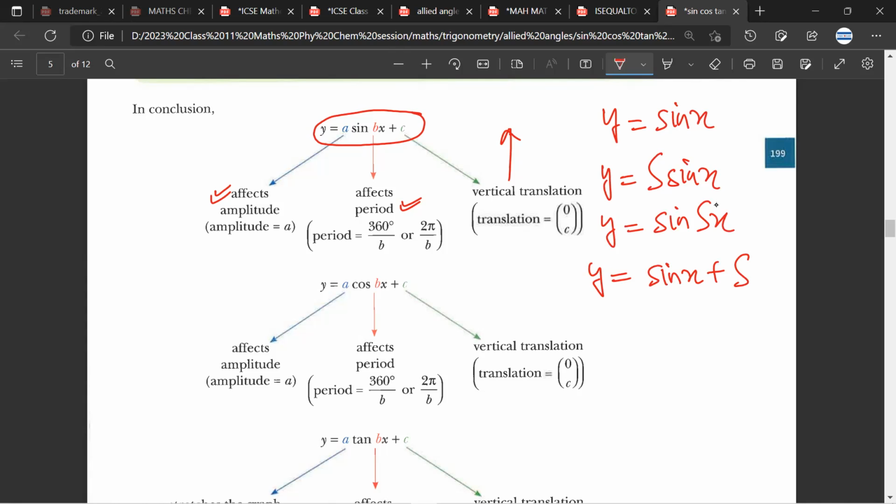Sin 5x, the periodicity will reduce to 360 by 5, 72 degrees. Every 72 degrees, the sine curve will complete the cycle. Y is equal to sin x plus 5. The 5 just raises the axis by 5 units. Is it making sense?